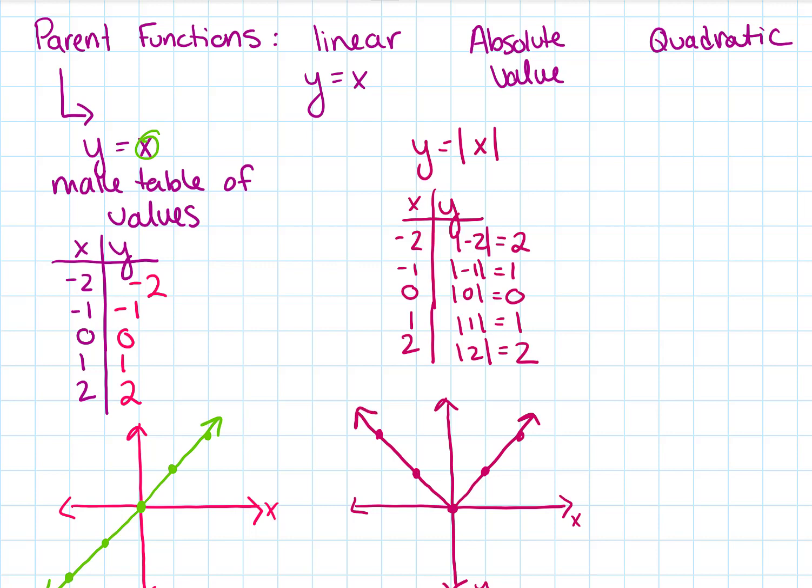So notice that it looks like a V. The domain is -infinity to +infinity. The range, there are no y values below the x-axis. So we start at the x-axis, which is the y value of 0, and we are including that, and we go to +infinity.